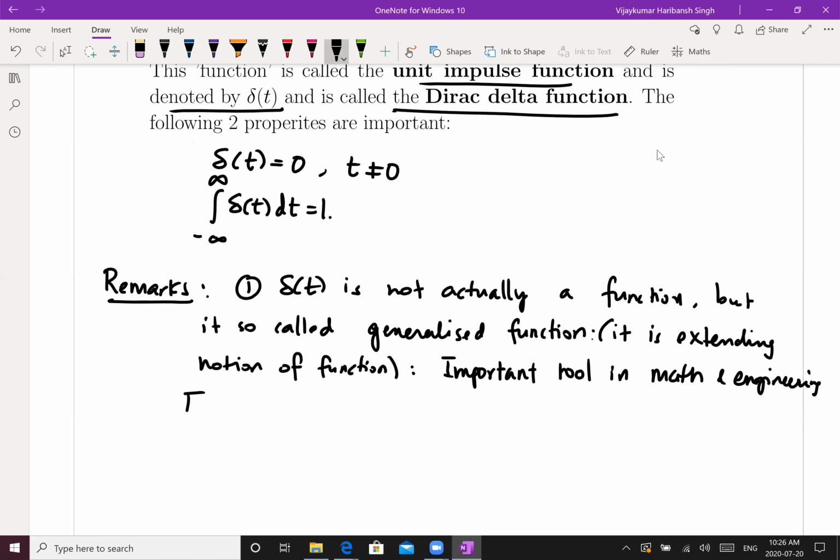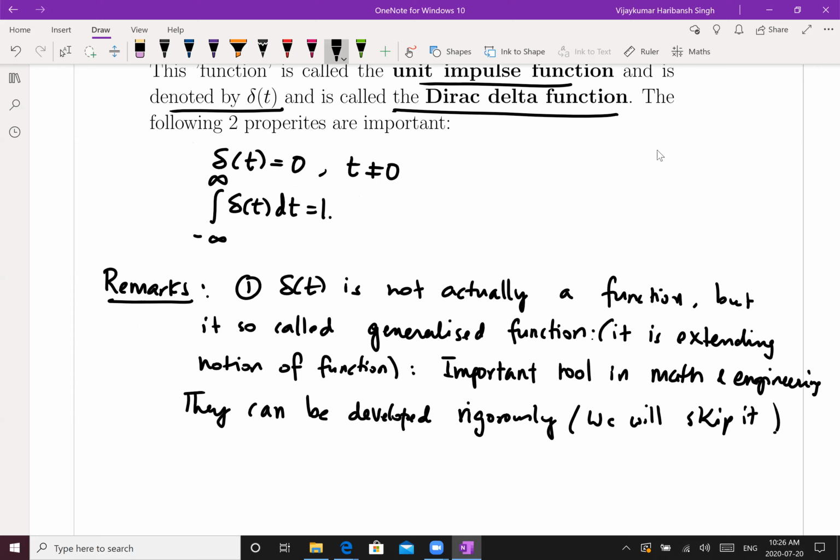They can be developed rigorously, but we will skip that here. We will skip it, unfortunately. Okay.